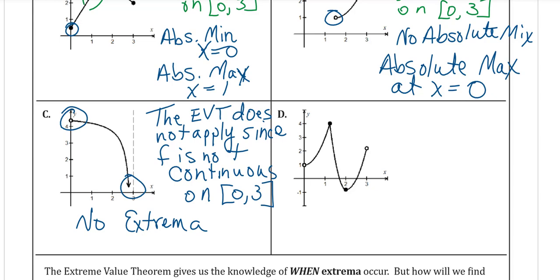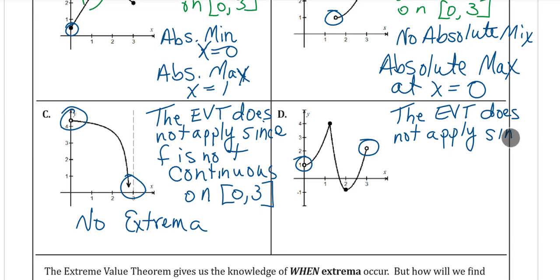Okay, so now, again, in letter D, our endpoints are not included. This is an open interval, so the EVT does not apply. And then we can look for extrema.